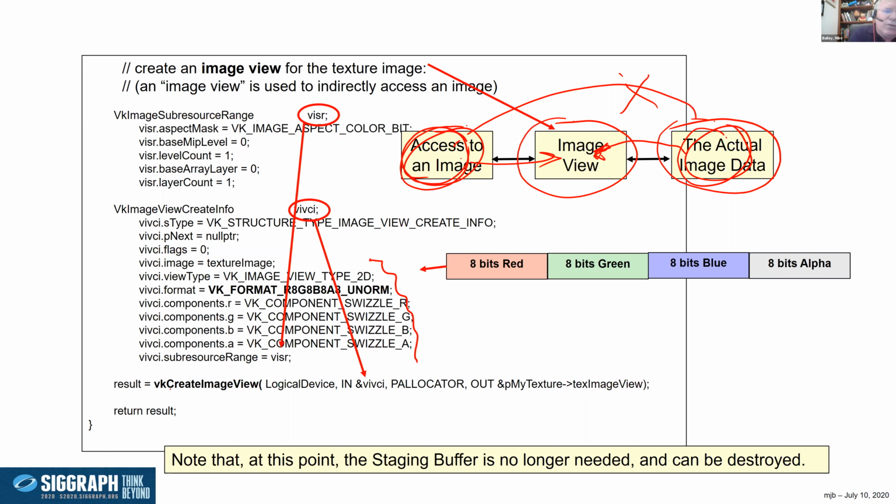And so here we're creating an image view. So once this is done, through here is how you'll get access to that texture. And so really, at this point, you can get rid of the host visible buffer. You can destroy it because it's no longer needed. The texture is where it needs to be in the form it needs to be in.